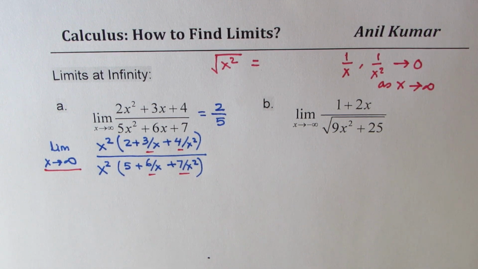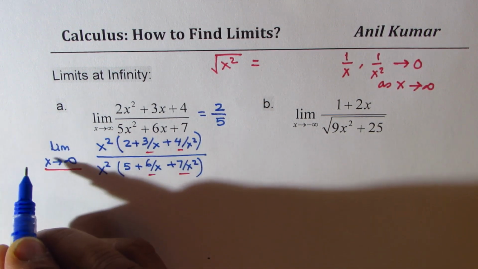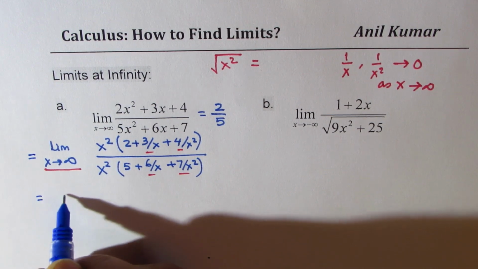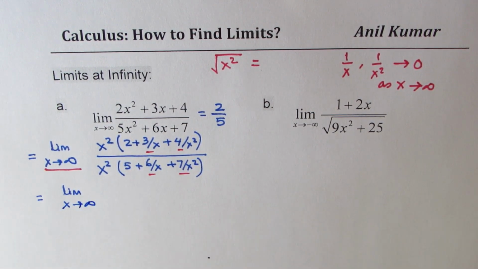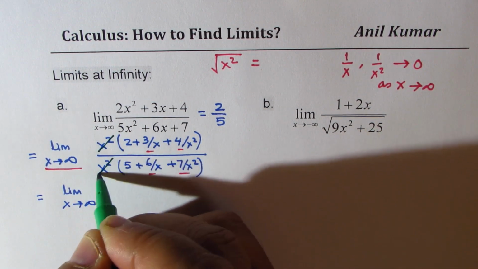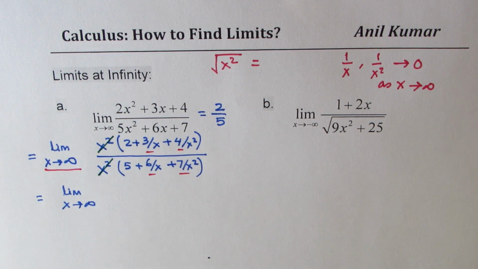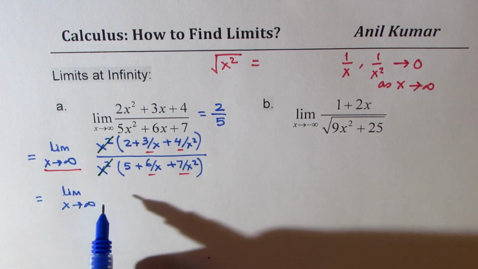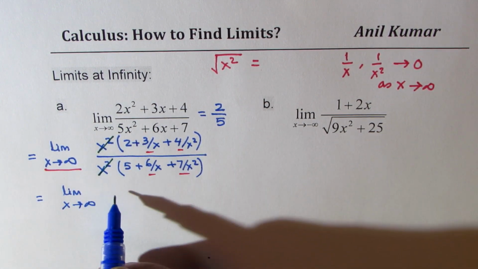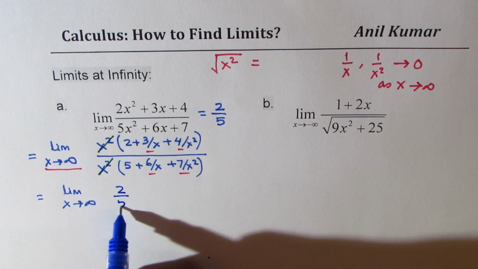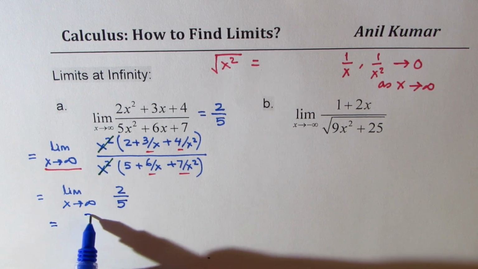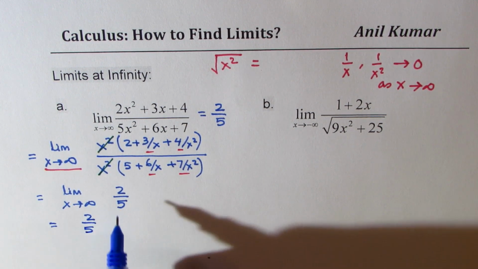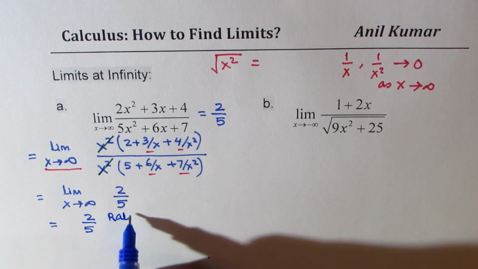And this is huge, right? So we could write this as limit x approaches infinity. And now, before we go further, we'll also cancel these x squares. What are you left with? We are left with just 2 over 5. Do you see that? 2 over 5, which is a constant, and therefore the answer is 2 over 5, which basically is the ratio of leading coefficients.